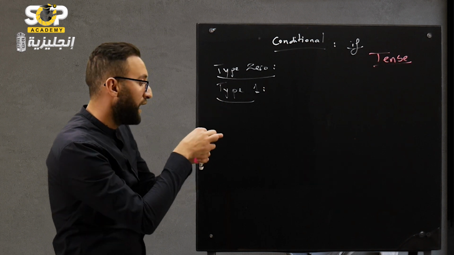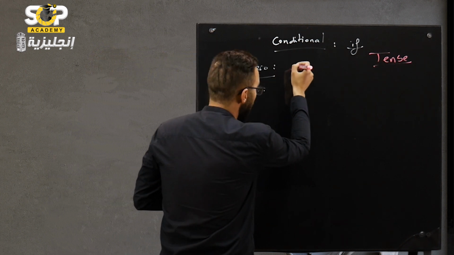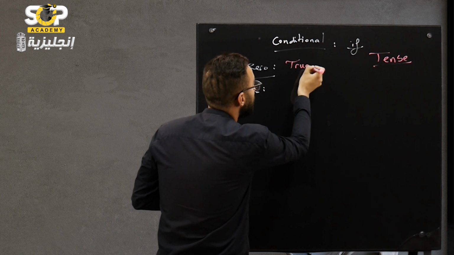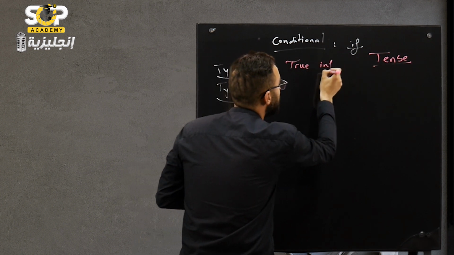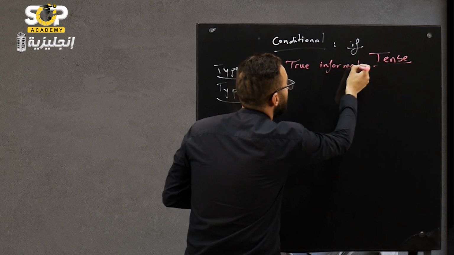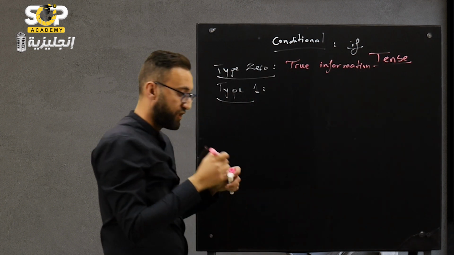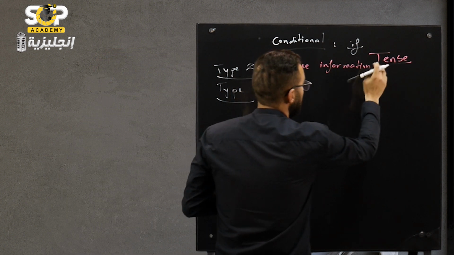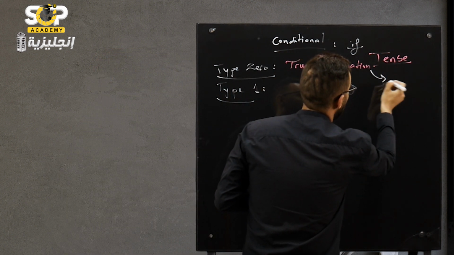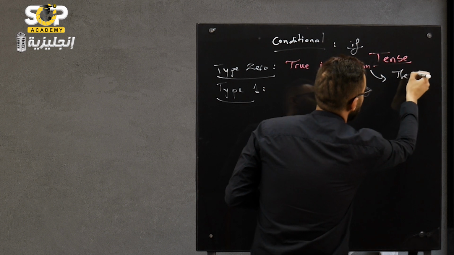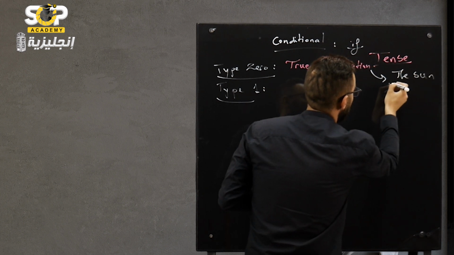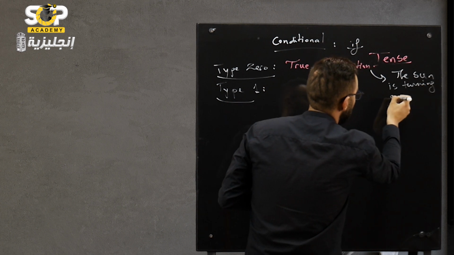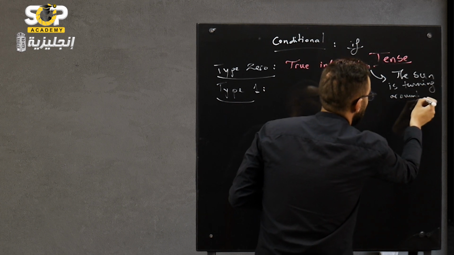Type 0 is the type where we can find true information, such as the sun is turning around itself.